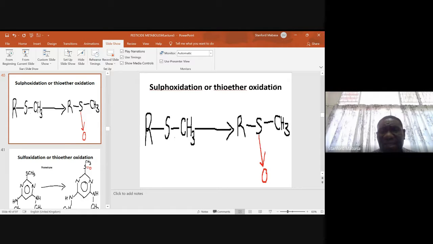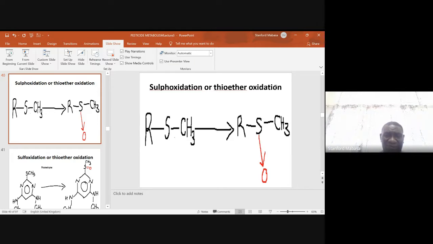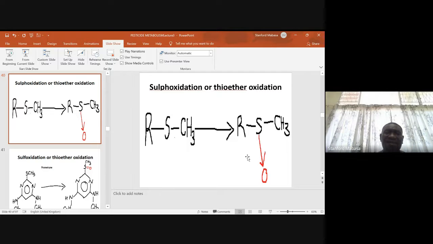And this is under the influence of cytochrome P450. So if we just take this simple structure, we just add oxygen here, and the process becomes sulfoxidation or thioether oxidation.